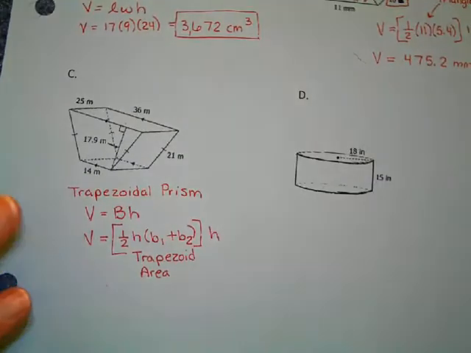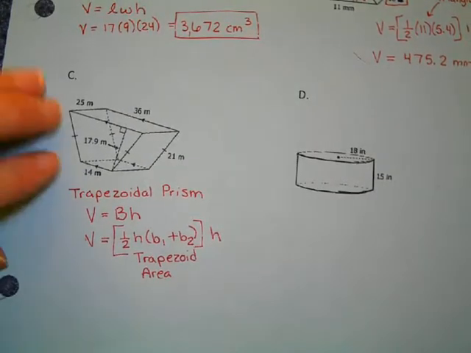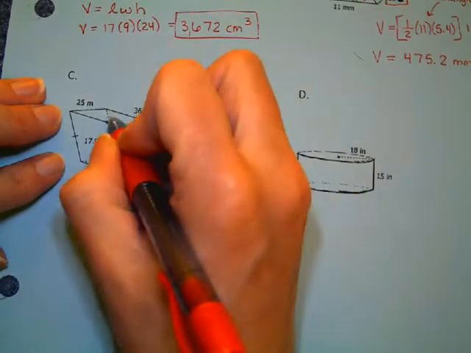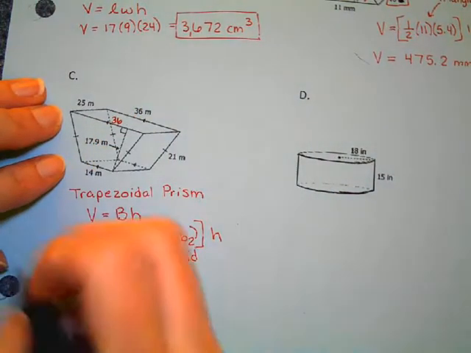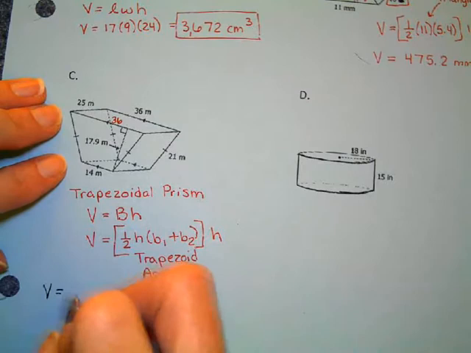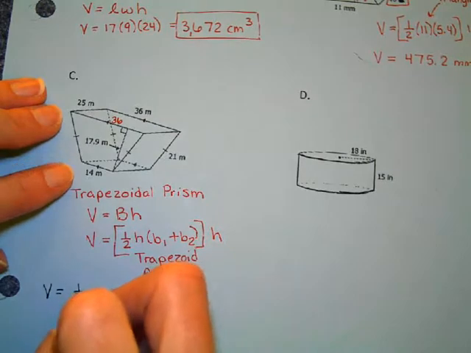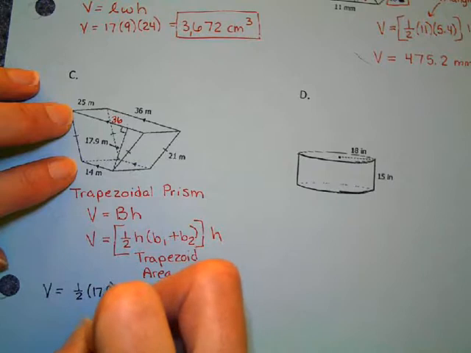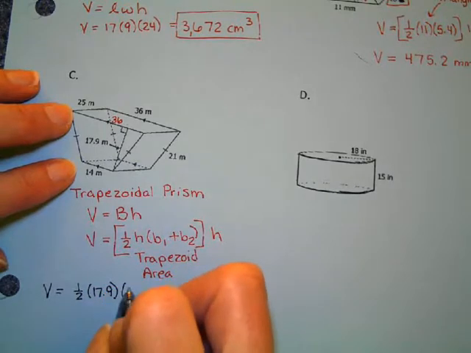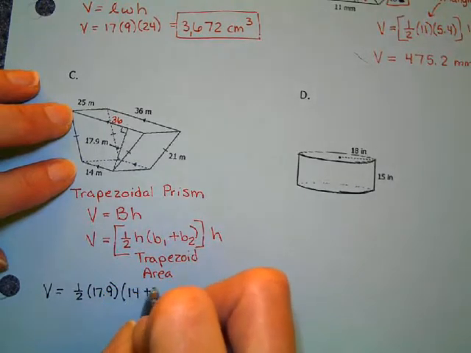Looking at our trapezoid, they gave us all the information we need. This is 36 because it matches here. So we have the trapezoid part is 1/2. The height of the trapezoid is 17.9. And then the bases are 14 plus 36, or 36 plus 14, however you want to write that.